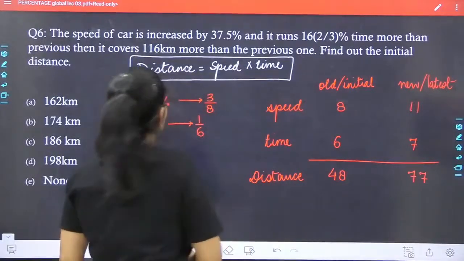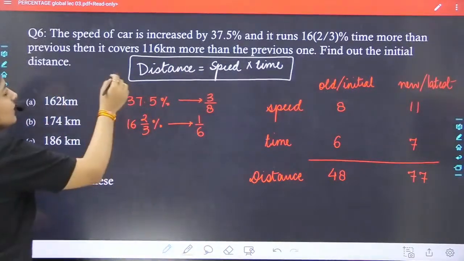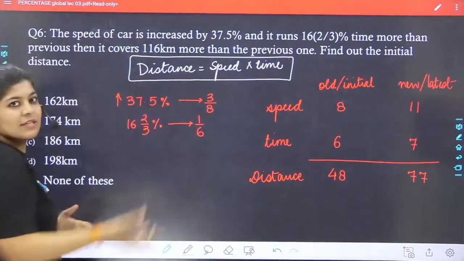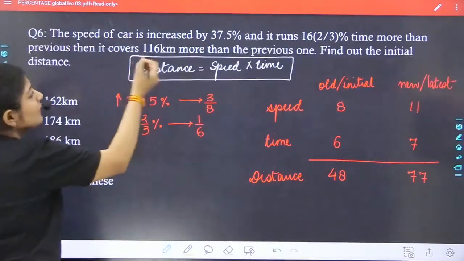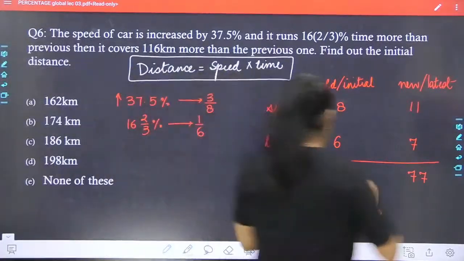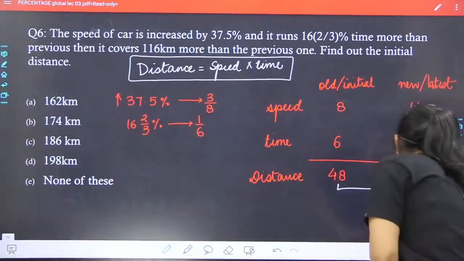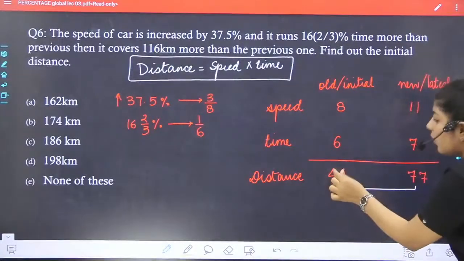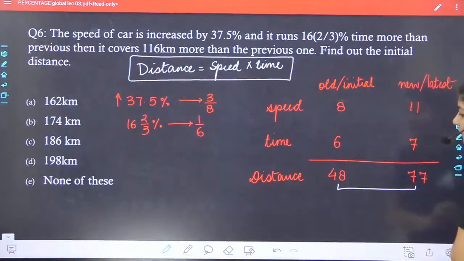Now it is given that when it increases the speed or time, it covers 116 kilometers more than the previous one. That means we first have to find the difference between 48 and 77.